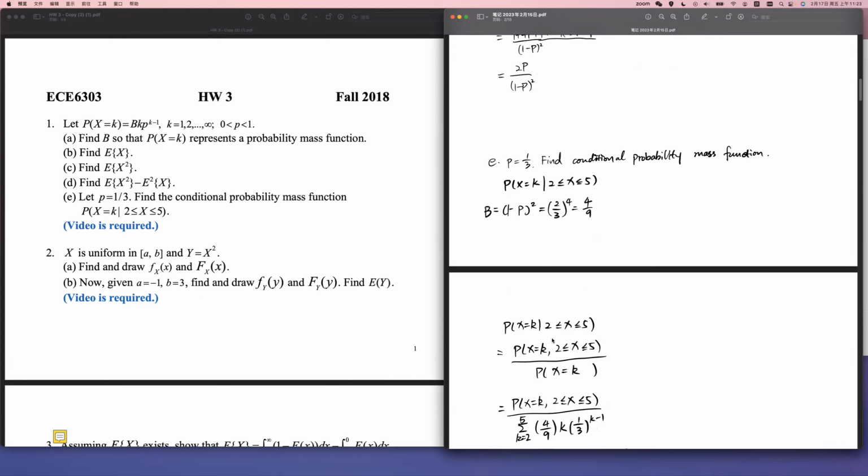Then we use the rule from the first class: given x greater than 2 and less than 5, the probability of x equals k should equal the probability of x equals k and x greater than 2 and smaller than 5, over the probability of x between 2 and 5.